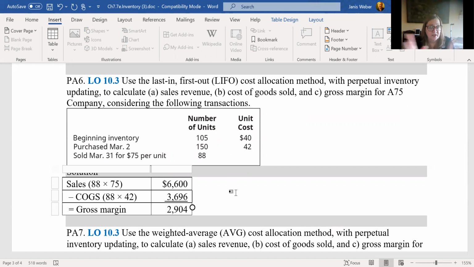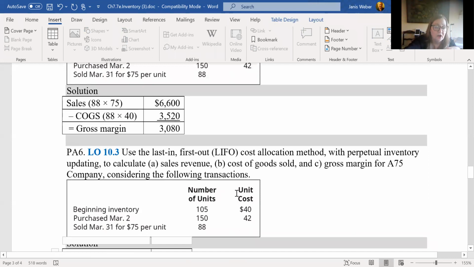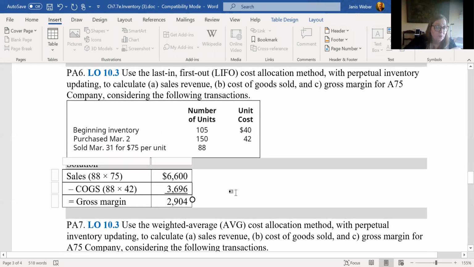So the key is on this, in a period of rising prices, you get a higher net income or a higher gross profit from first in, first out than you do with last in, first out. And that's just because when you're using the last in, first out method, you're using the most current purchase as your cost.